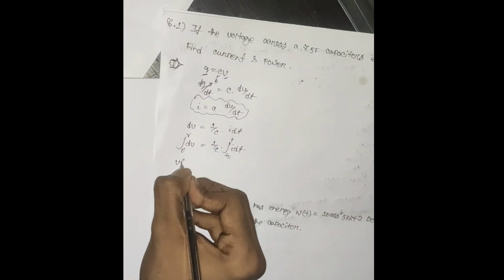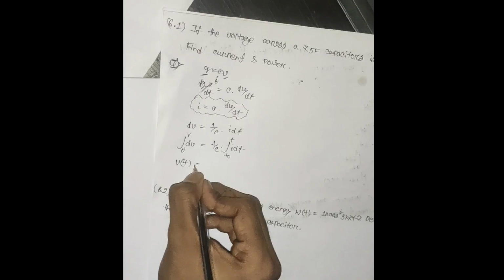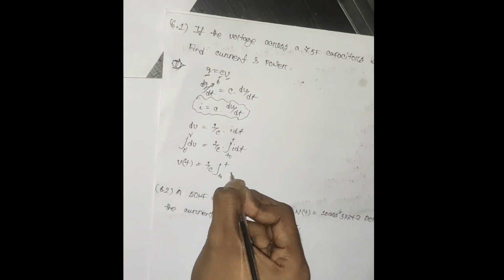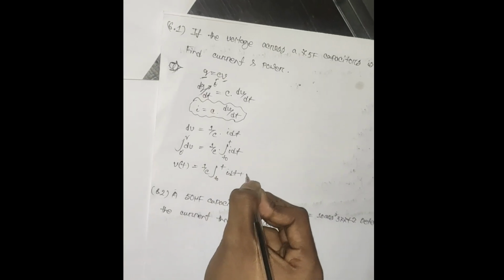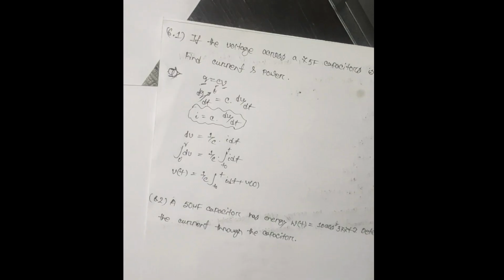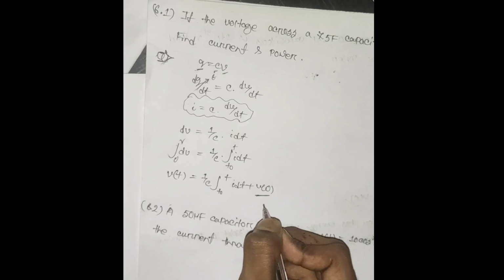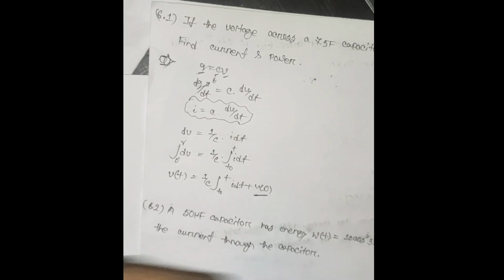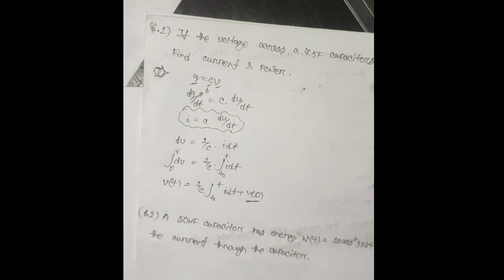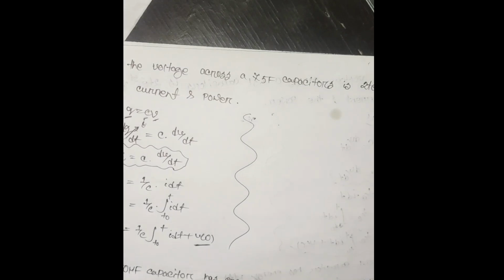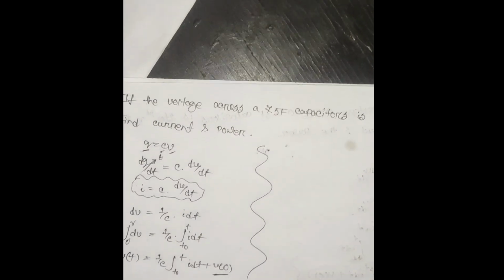So if we want to calculate the voltage at a particular time, it will be V(t) equals 1 by C integration from t naught to t of i dt plus V naught, because we are calculating the voltage at a particular time, so we have to add the value of the voltage at 0, or initial voltage, whatever you want to call it.